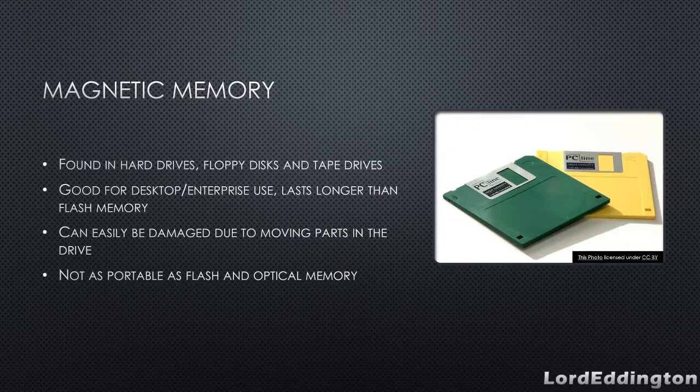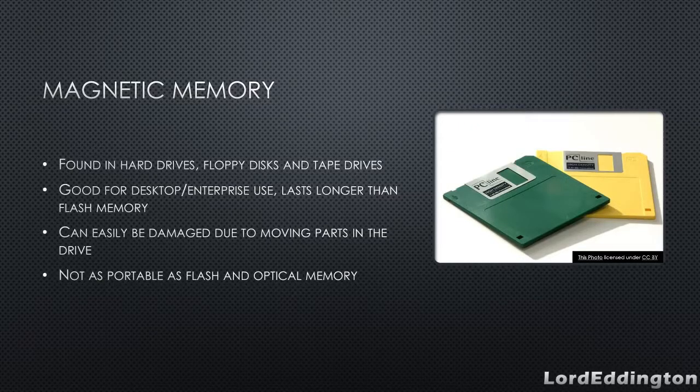Tape drives are a long-term emergency backup kind of storage that most big enterprises use. You can back up everything on your server onto a giant tape drive, and tape drives can last for quite a long time, so they're good for emergency backups.